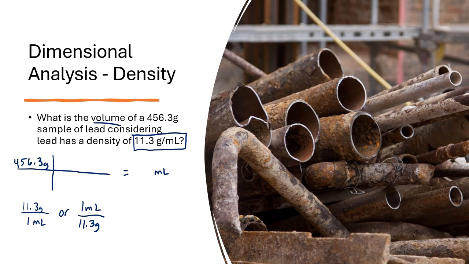That looks to be this relationship here with grams in the denominator. 1 milliliter is 11.3 grams of lead. So we see the grams would cancel out here, and we are left with the math of 456.3 divided by 11.3.